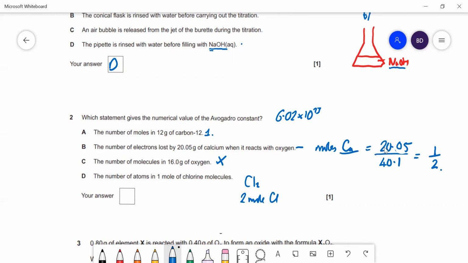But when calcium reacts with oxygen, each calcium loses 2 electrons to form the 2+ ions. So it'll be a half mole of calcium, but each one releases 2 electrons, so that's a whole mole's worth of electrons, if you like. So B is the answer there.